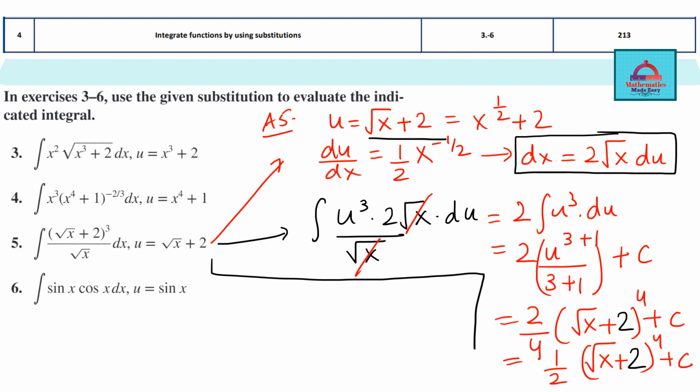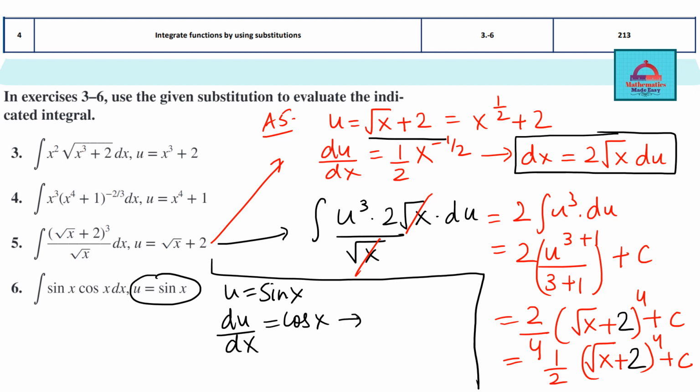Now we do the last one, which is 6. Here u is taken to be sin x, so take the derivative. Du by dx is going to be cos x, so you can substitute back dx as du over cos x in the integral. So the integral becomes integral of u cos x over du over cos x.